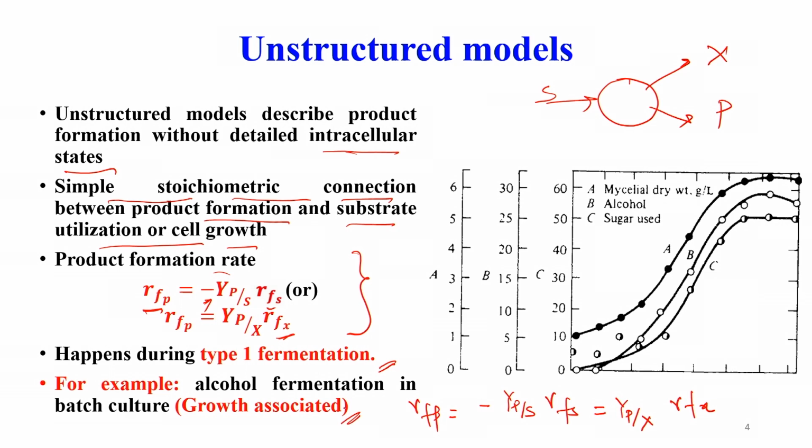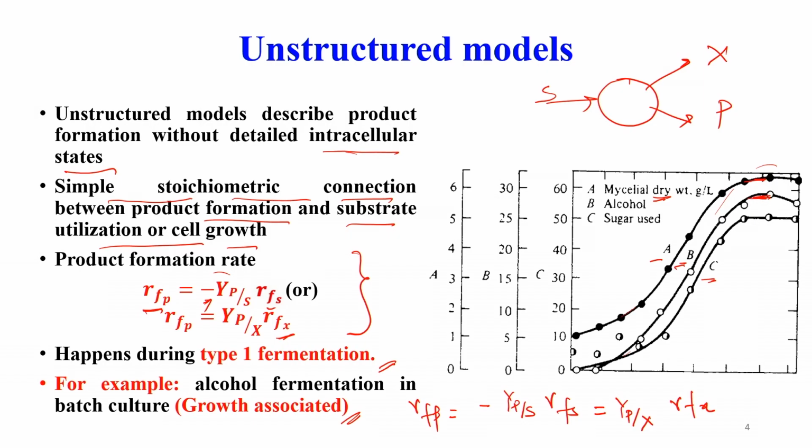As one example, you can see growth associated alcohol production in a batch culture. Just see the data here, A, B and C. A is the biomass, B is the product, your alcohol, and C is the substrate used. Particularly see A and B: they follow a parallel trend, and the moment biomass reaches the plateau, the product also reaches the plateau.